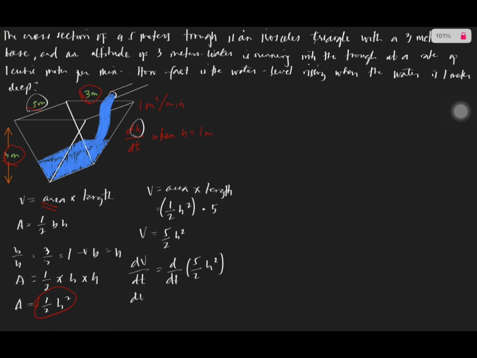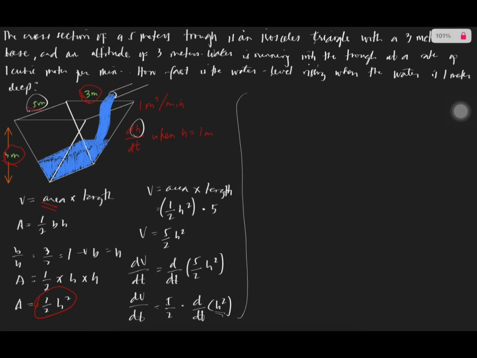Using the chain rule, it will look like 5 over 2 times d/dt of h squared. Now let's apply the power rule to the h squared.